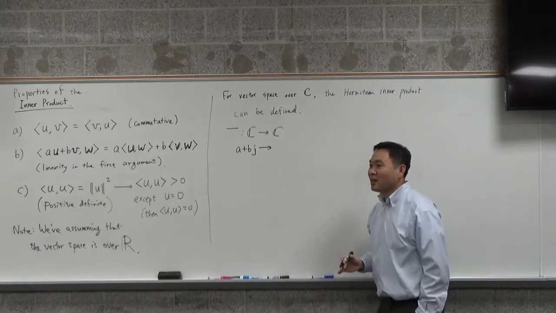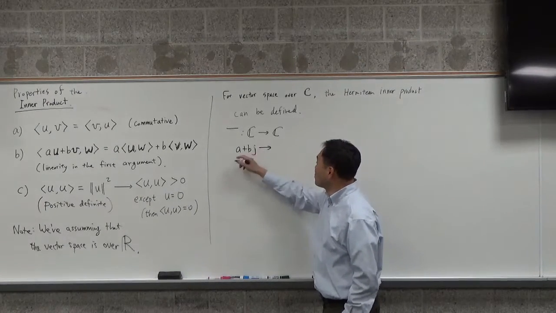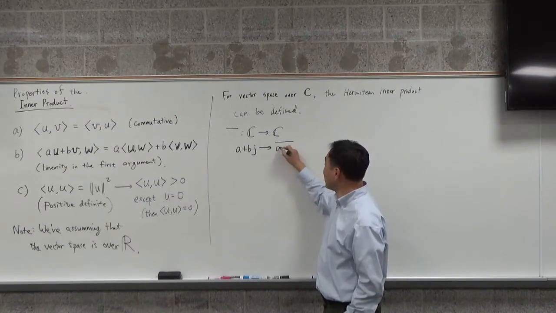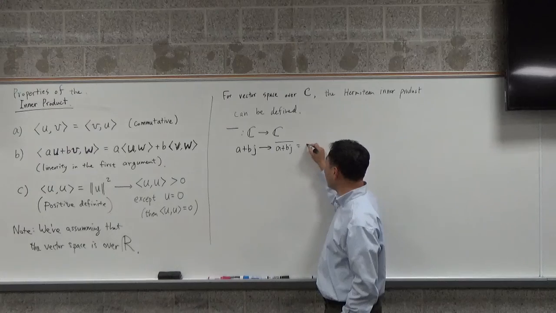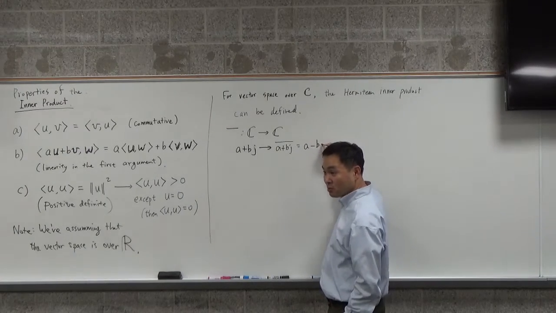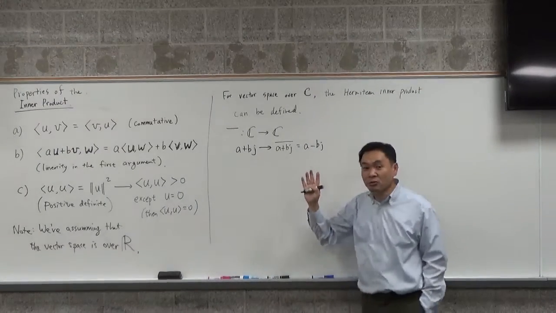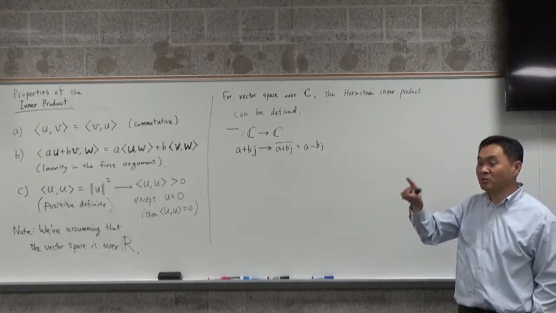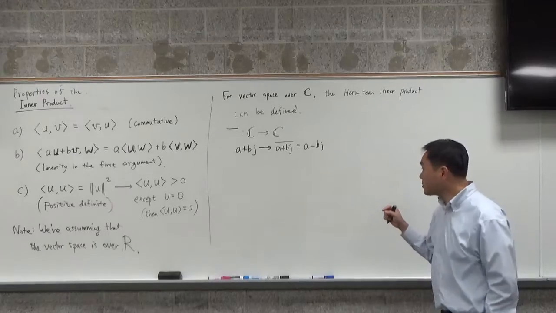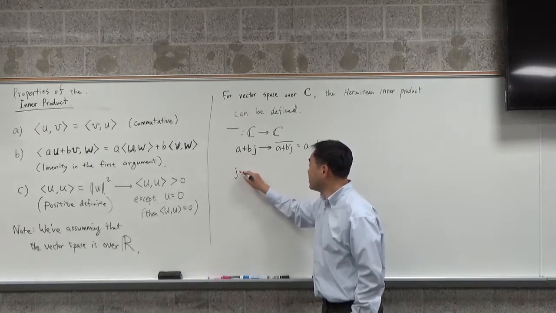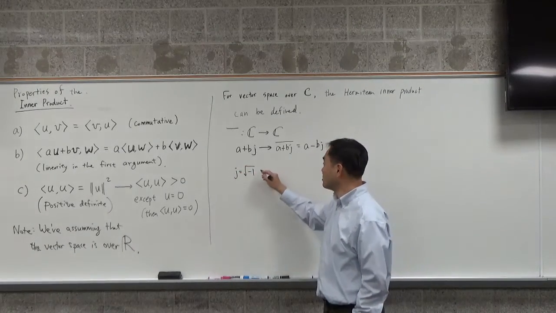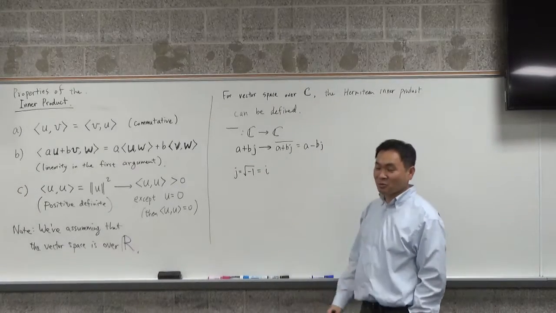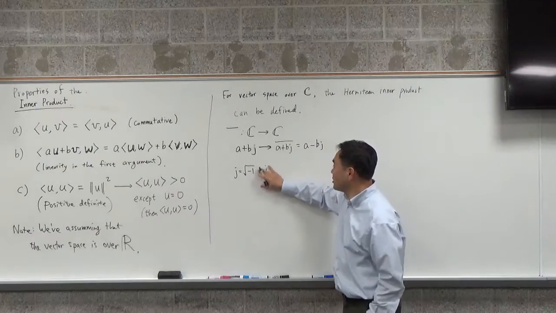So a plus bj, and if you take the conjugate, the bar of a plus bj becomes a minus bj. So the complex conjugate is something that takes j to negative j.